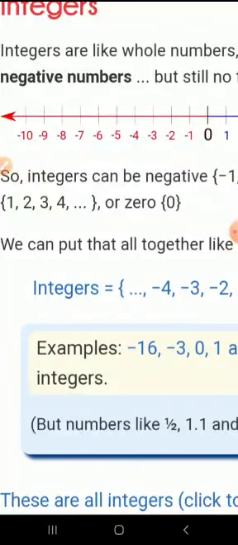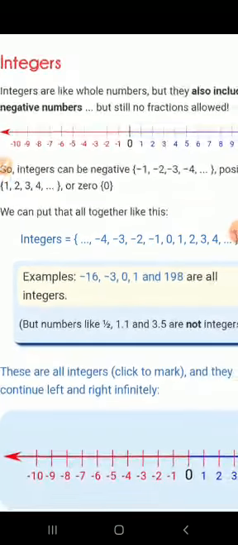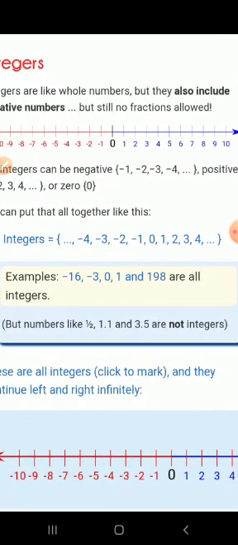And 0, as we know, is neither positive nor negative. So all positive numbers, negative numbers and 0 give us another category of numbers, that is the integers. So let us see the examples of integers: -4, -3, -2, -1, 0, 1, 2, 3, 4 and so on. These are integers.